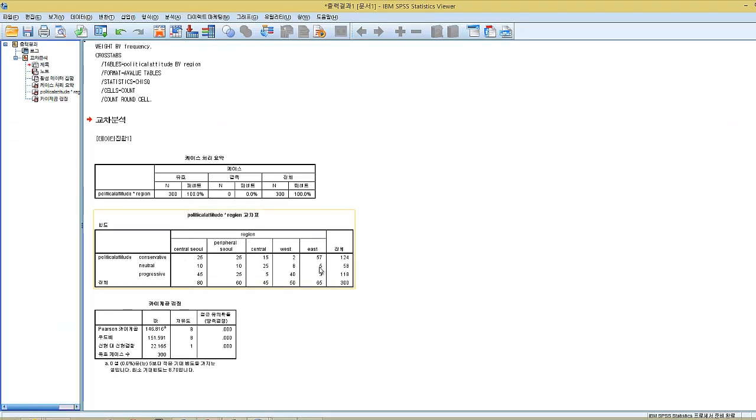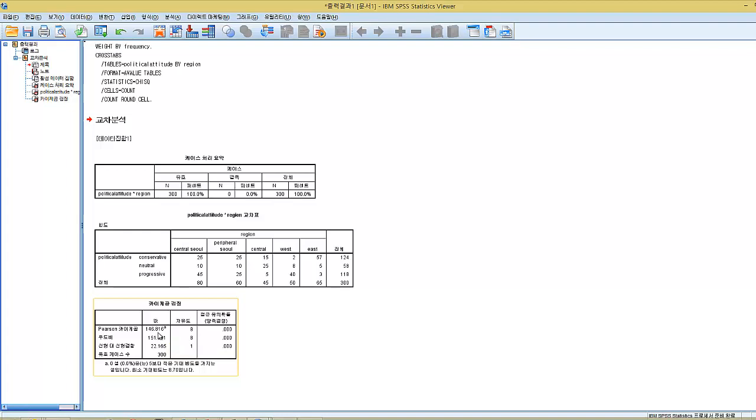And based on this data, SPSS calculated the chi-square value, which resulted in this amount, and the degree of freedom is 8 because 2 by 4 is calculated. With regard to the degree of freedom 8, this chi-square value is a lot bigger than the threshold.